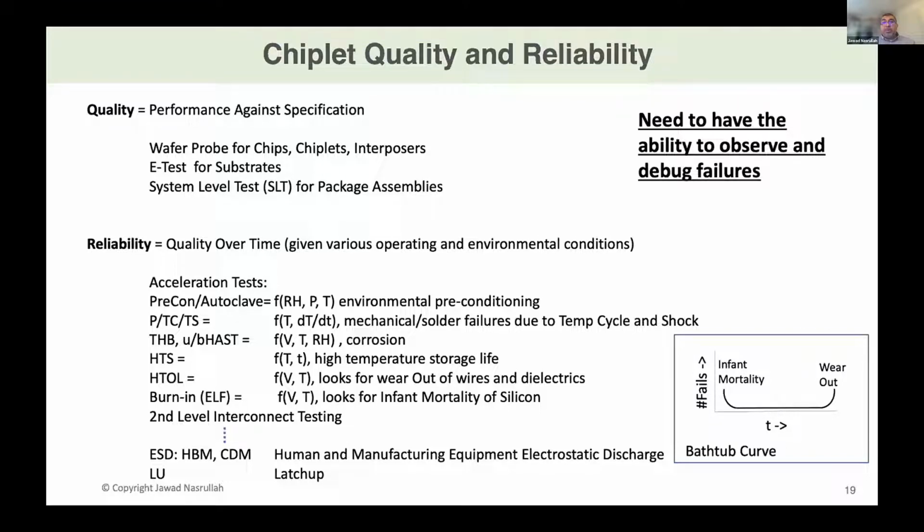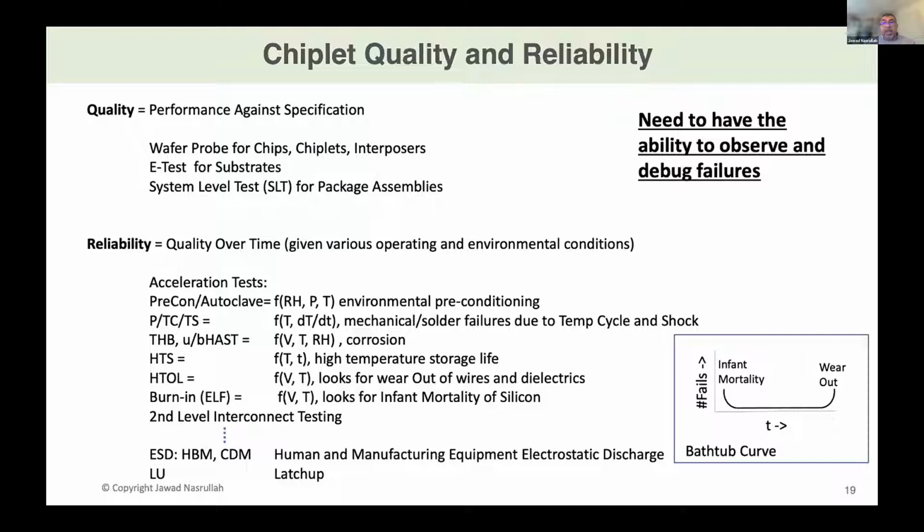And then, like I was saying, infant mortality is important with silicon in advanced nodes. But what starts becoming more important on the packaging side is later life failures due to wear out.